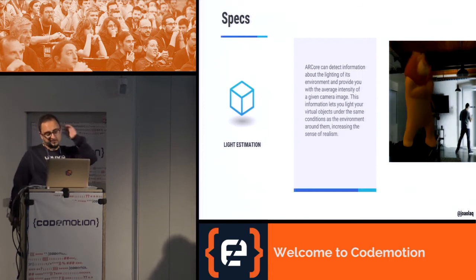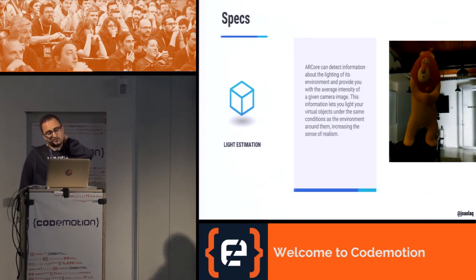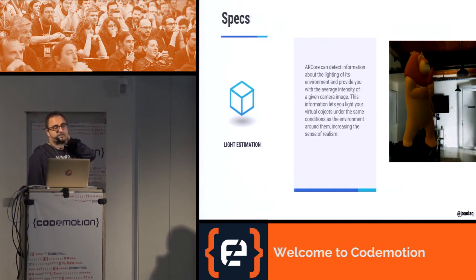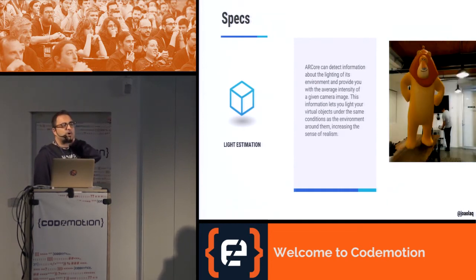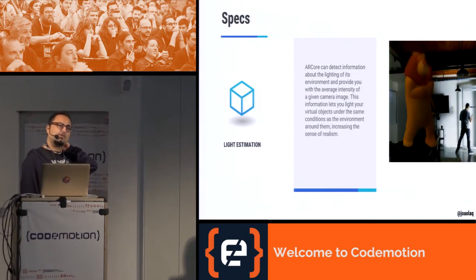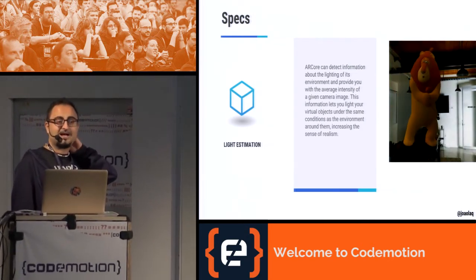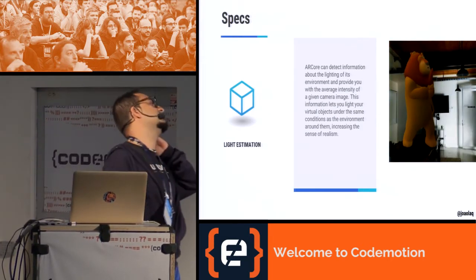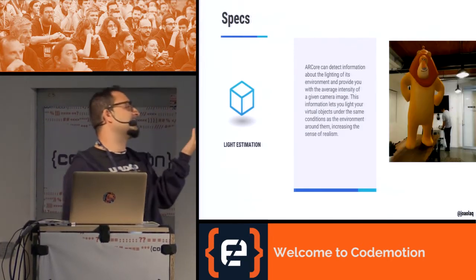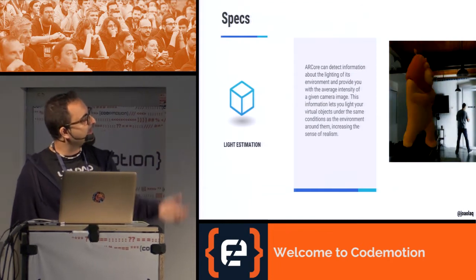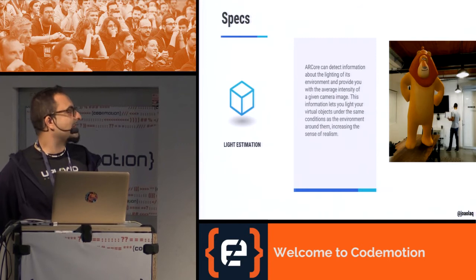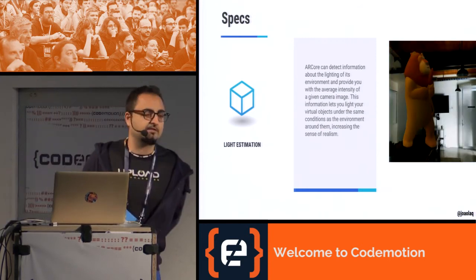Another cool feature is light estimation, because we had a problem with past AR frameworks that some models were not very real in the scene because of the light. With ARCore's light estimation, the model is rendered with the same light as the real light in the scene.